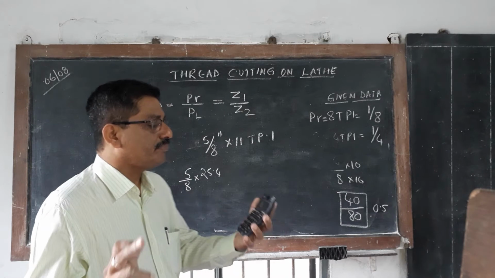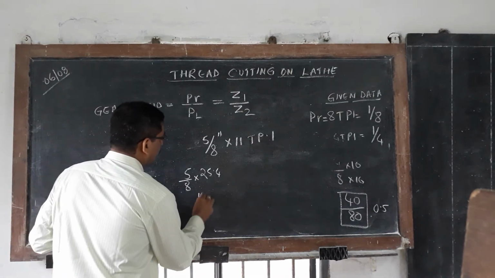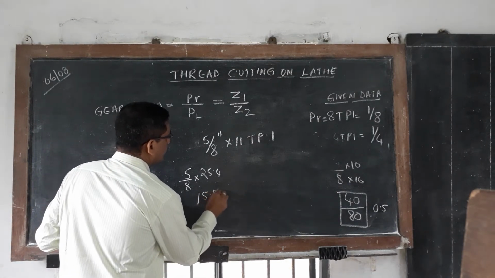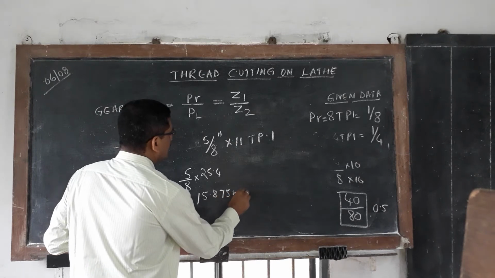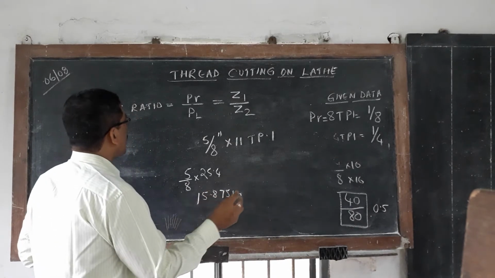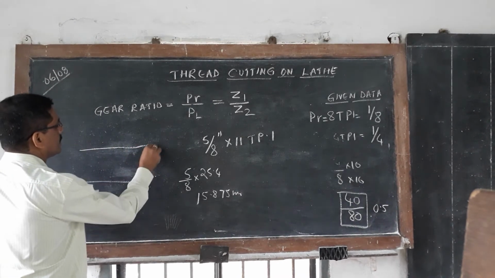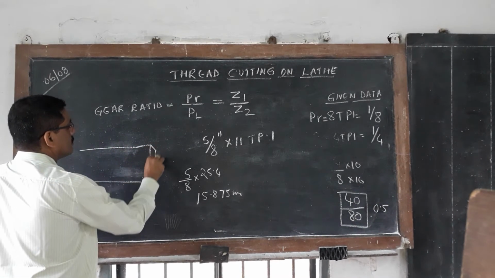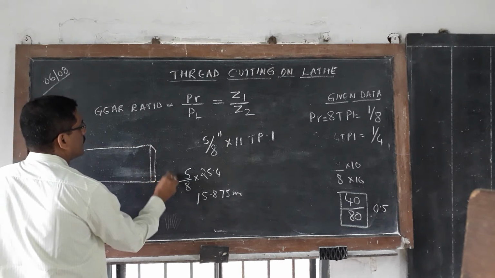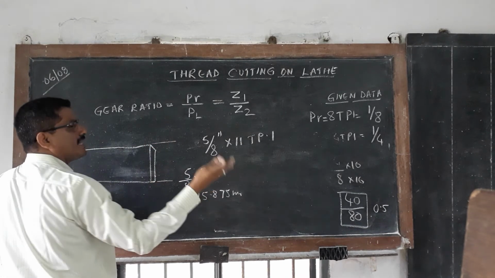So it becomes 15.875 mm. So when you do the turning, we will turn the job to 15.9. You can turn 15.9, no problem.